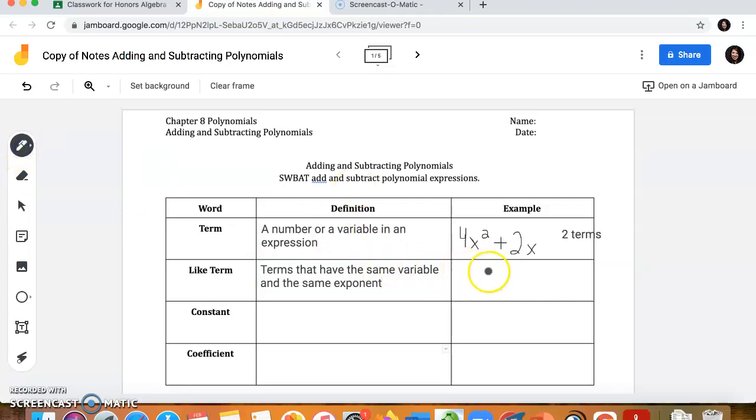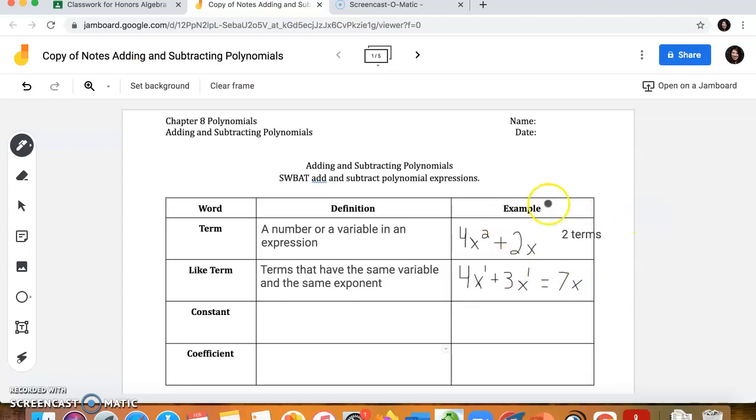So if I had 4x and I also had 3x, they have the same variable. They would also have the same exponent. You can't see it, but there's an invisible 1 exponent here. So we could add those and we would get 7x. So those are like terms. When they have the same variable and the same exponent, you can add or subtract them.